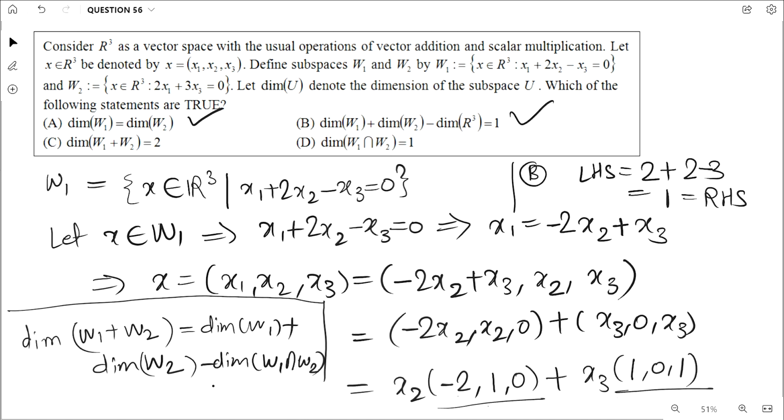It is easier to find the dimension of W1 intersection W2 first, then we can easily get this because we already know the dimensions of W1 and W2. Anyway, we have to find the dimension of W1 intersection W2 because for option D we need that. So let's first find the dimension of W1 intersection W2.